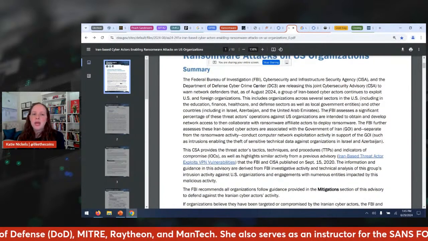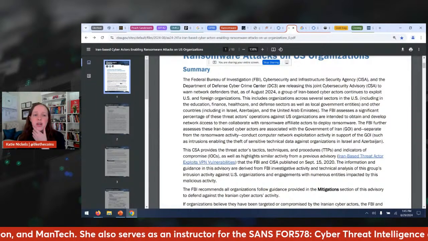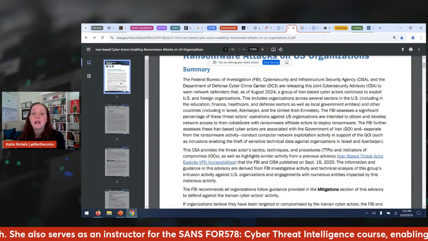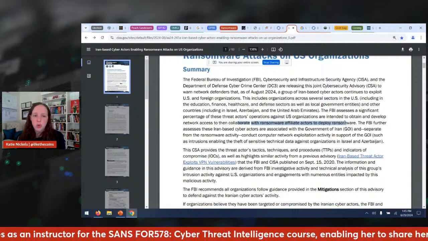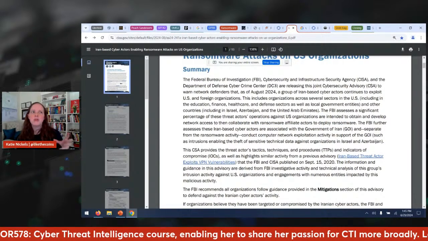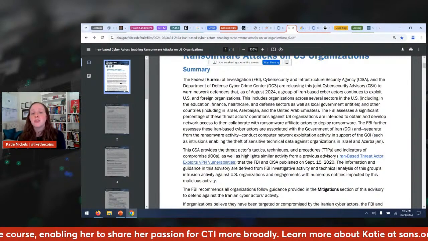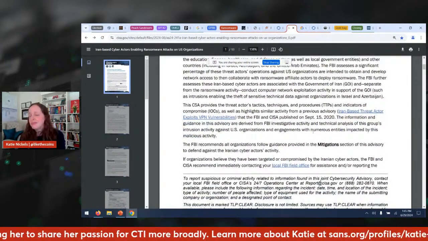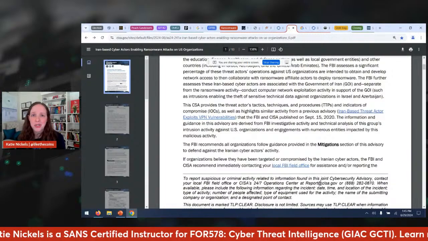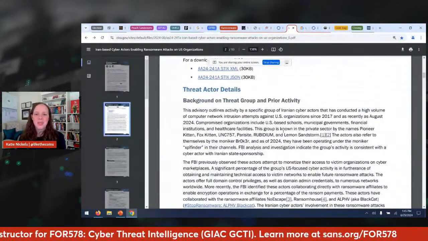You see the FBI assessing the Iranian actors trying to develop that access, then collaborate with ransomware affiliates to deploy ransomware. So again, the challenge with ransomware, often whoever gains the initial access might not be the person who's doing the actual exfiltration and encryption. Just another challenge in this web of reporting that we have to unwind here.